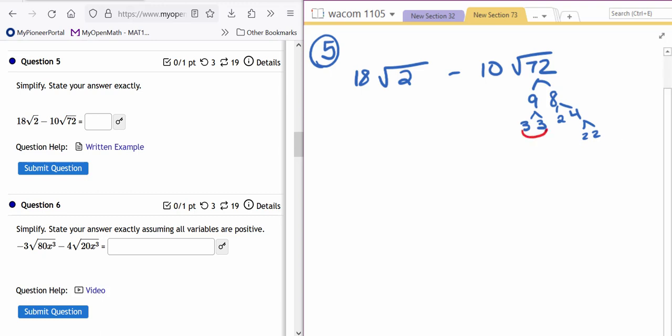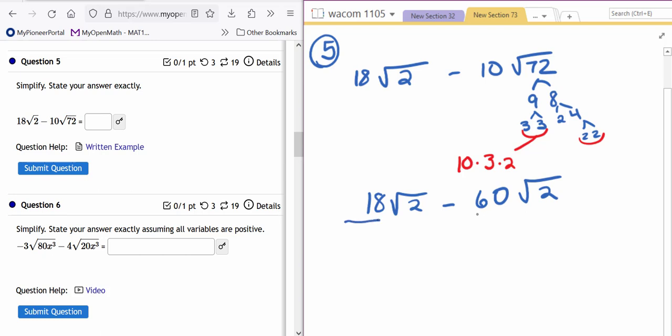We have a 9, so we get a 3 going out. We don't forget we already had a 10 out there, and we have a 2 going out, and we have 1 2 left. So we have 18 times the square root of 2 minus 10 times 6 will be 60 times the square root of 2. And these are like radicals. They can go together. Your math is going to be out here. So 18 minus 60.